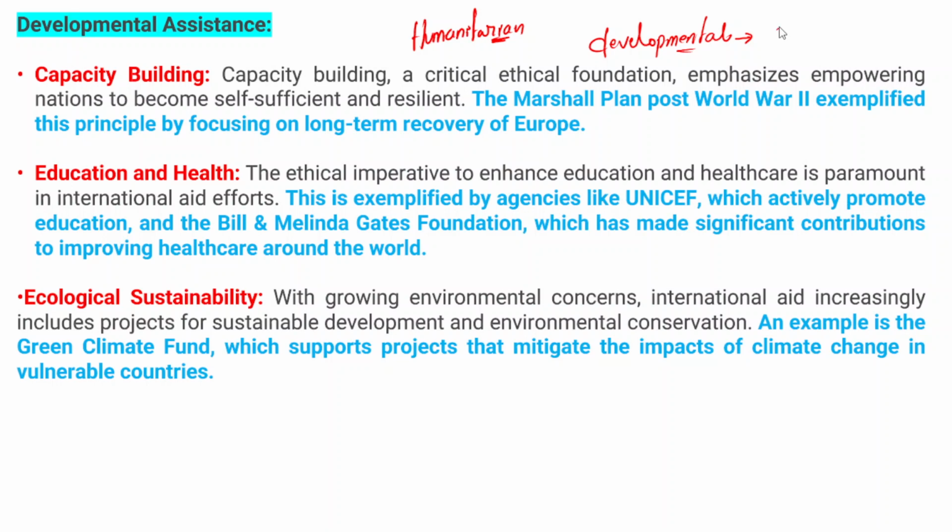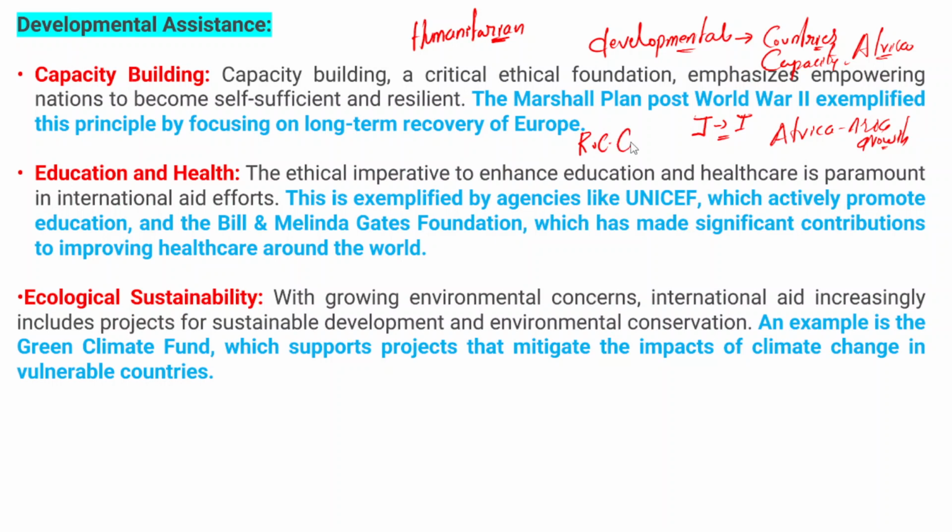Countries like India have been enhancing the capacities and capabilities of people in Africa through several capacity building programs. Japan and India have collaborated on the Asia-Africa Growth Corridor. This is one such instance where countries are providing developmental assistance to resource challenged countries.